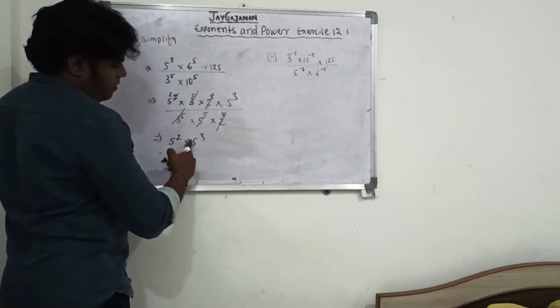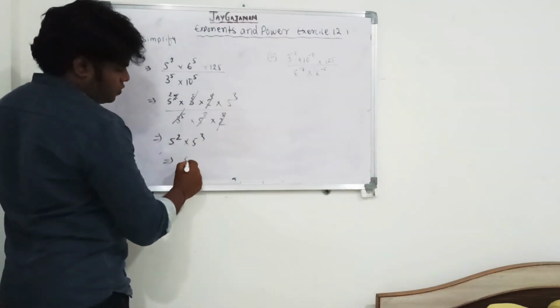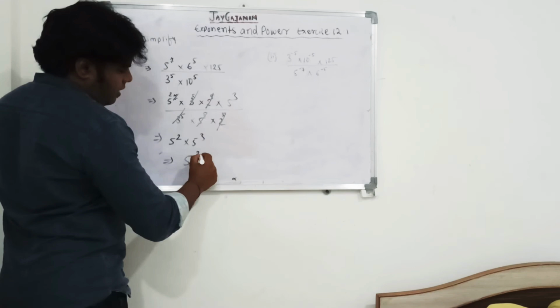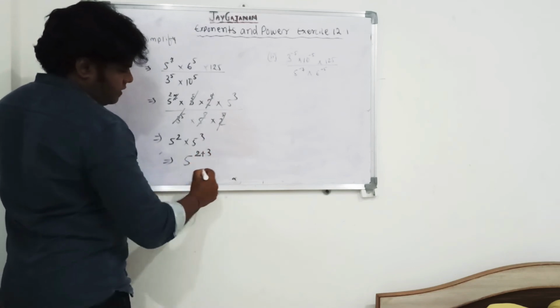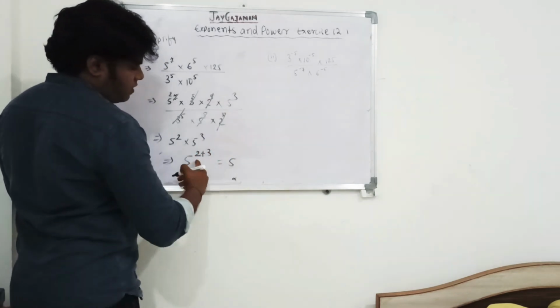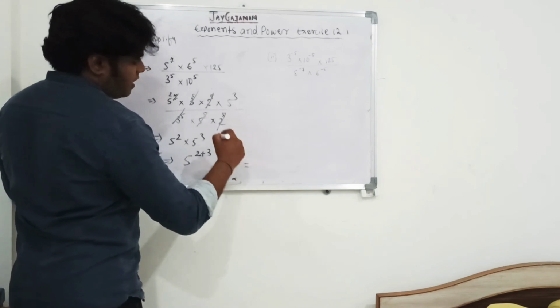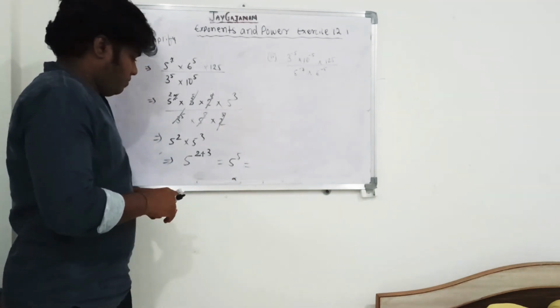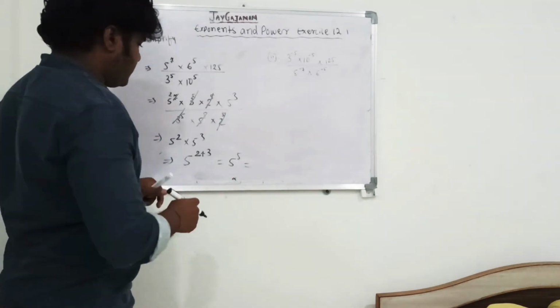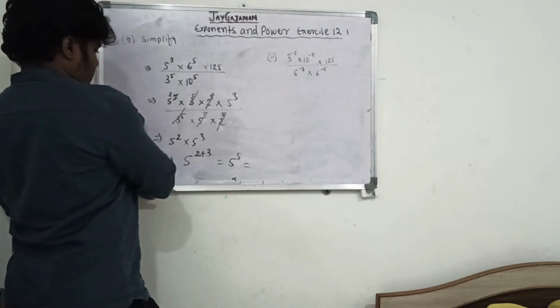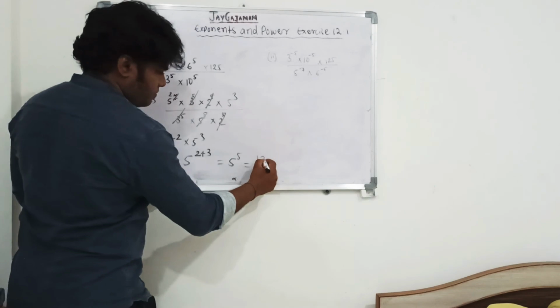a to the power m into a to the power n is equal to a to the power m plus n, which is 5 to the power 2 plus 3, that is 5. That can be solved as 5 to the power 5. 5 cube is 125, 625, 1225 I suppose.